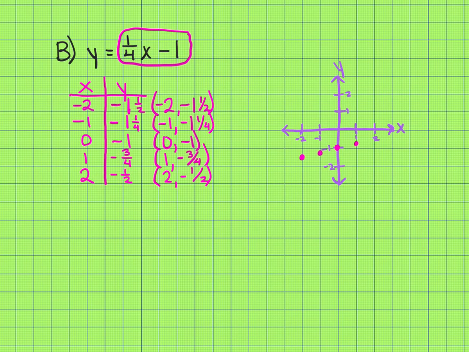And I did notice that I had accidentally written that last one as (2, -1/4), but it's (2, -1/2). So make sure that you correct that right there. We draw our line through the points, and we have graphed the equation using a table.